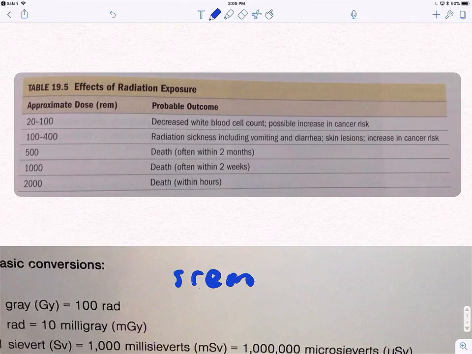They only got about 25 rem, which can give you a decreased white blood cell count, maybe cancer, but it's still pretty low. You can lose your hair at about 60. It depends on the person. So 60 to 100, that's when you start to lose your hair, usually before radiation sickness.